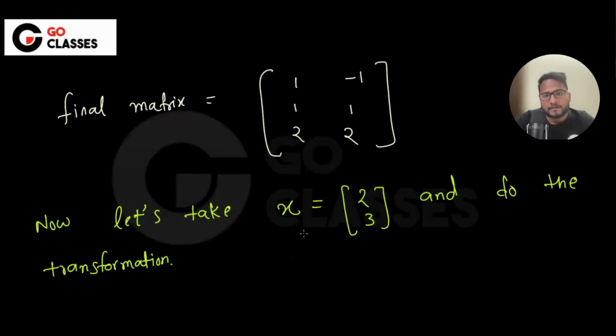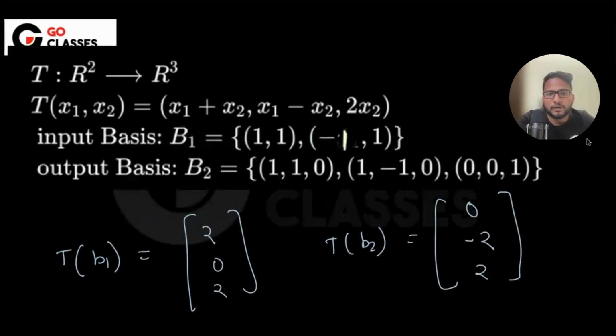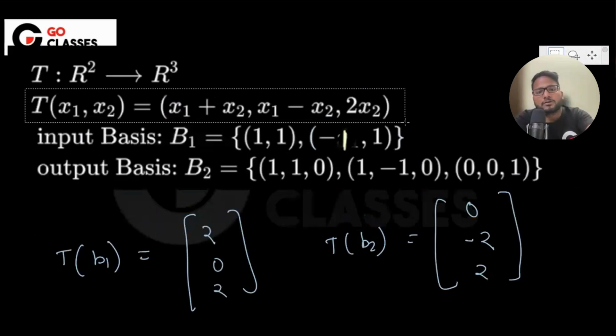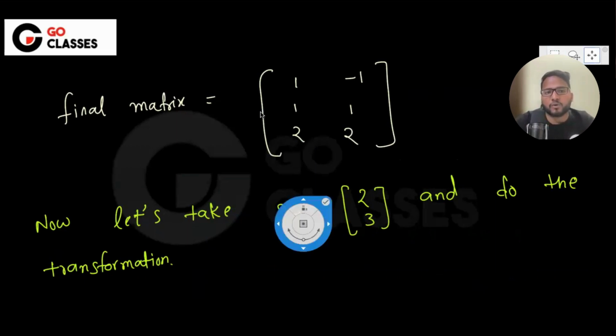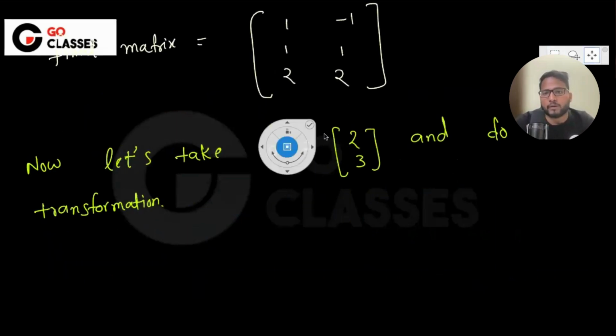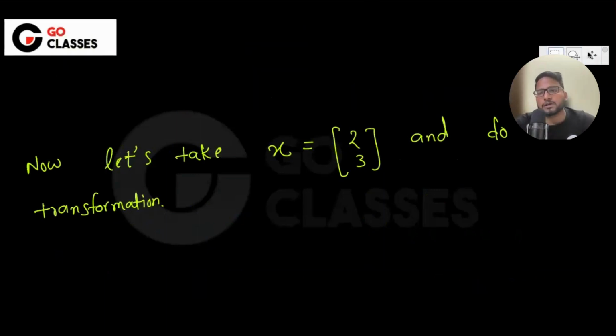So see, the transformation was, I think, this one, right? So let's just do one thing. Let's just verify whether the final matrix that we have got is the expected matrix or not, which means it is doing the job or not. I mean, it is doing a good job or it is not doing a good job.